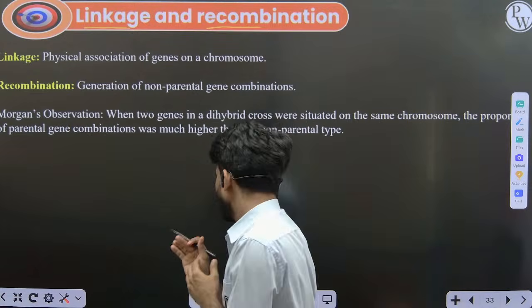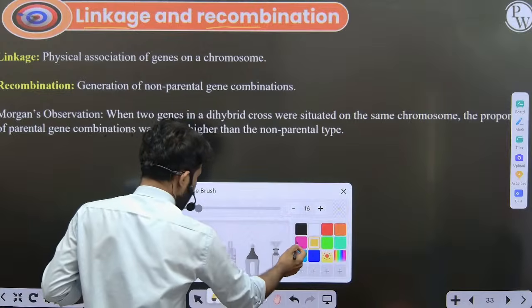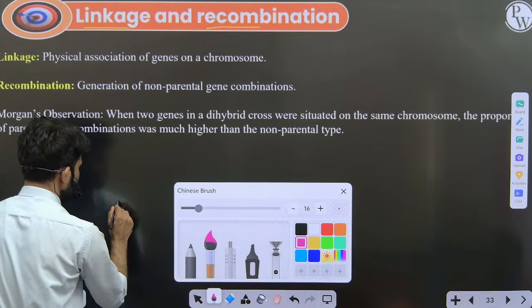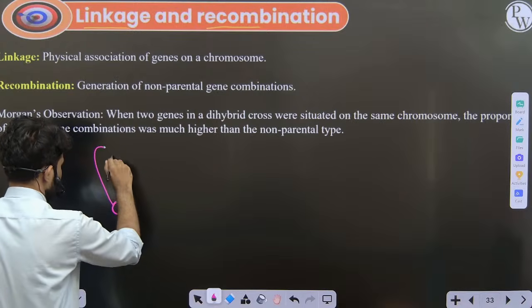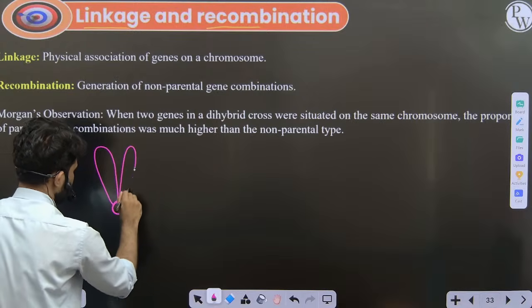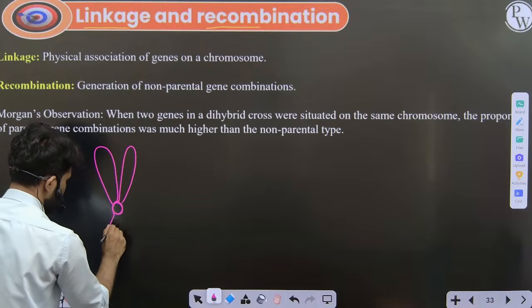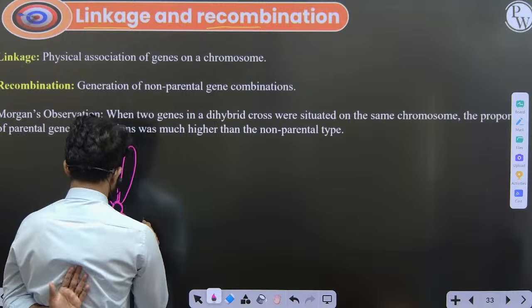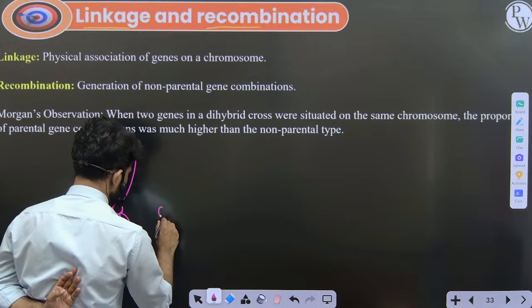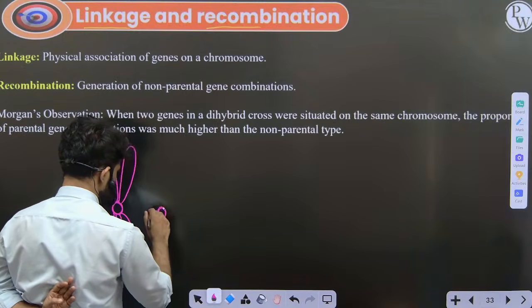For example, if you take a chromosome, the genes are located on the chromosome at specific positions that are called loci.